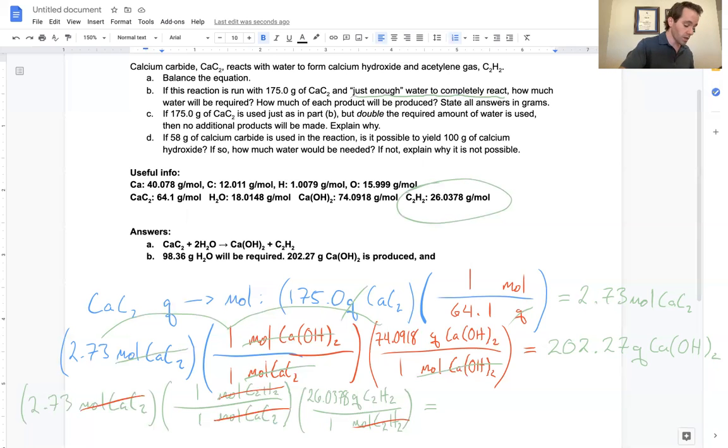And the only multiplication left to do is 2.73 times 26.0378, which is 71.08 grams of acetylene gas. Okay, so 71.08 grams of acetylene.